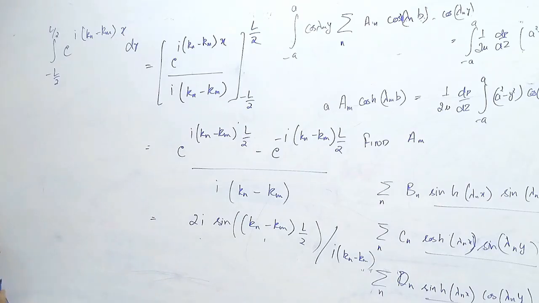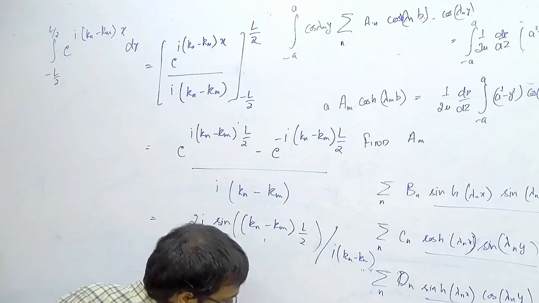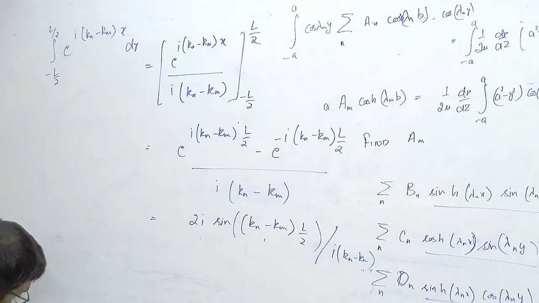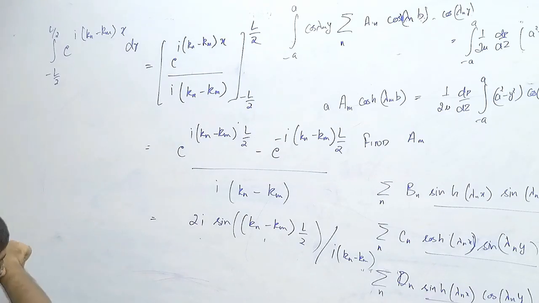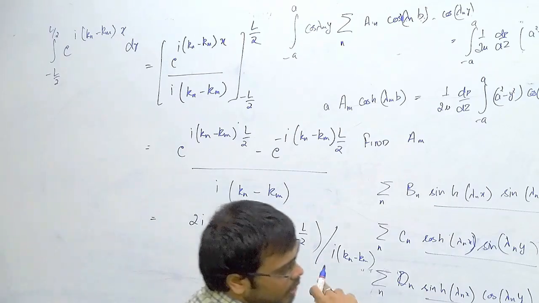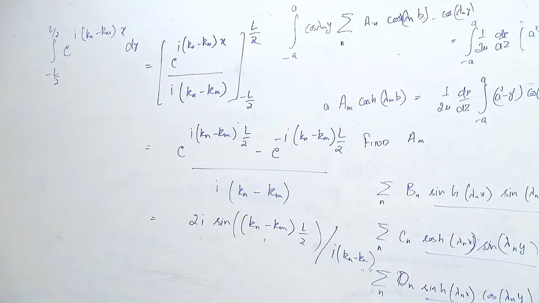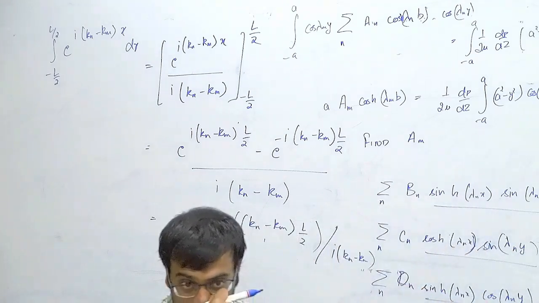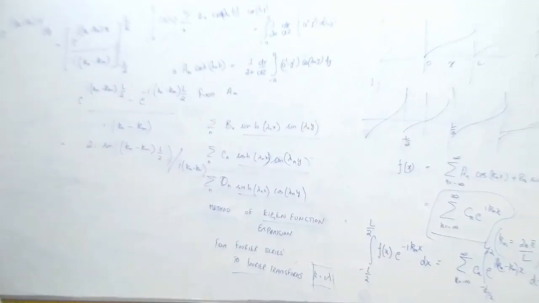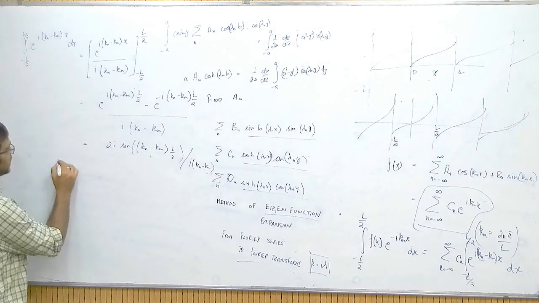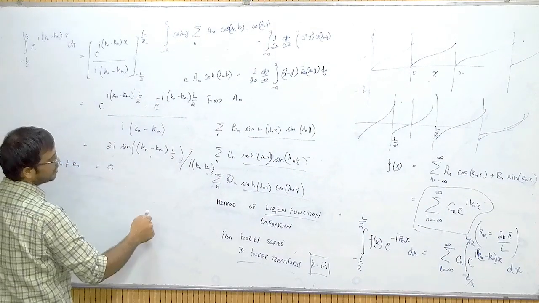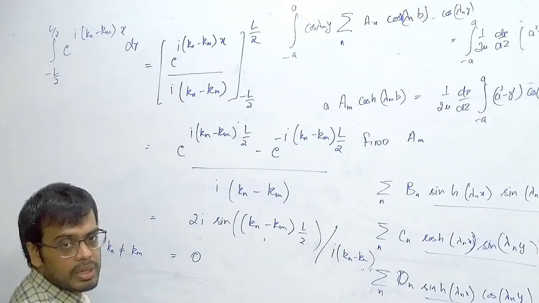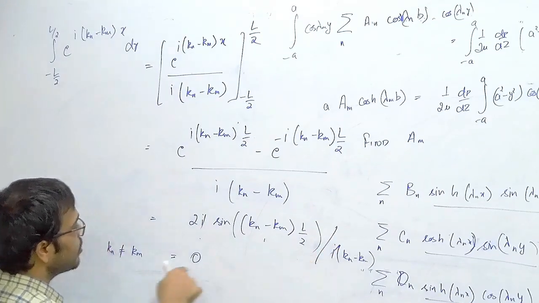So this expression we can evaluate when kn is not equal to km, and we can take a limit when kn is equal to km. When kn is not equal to km, what is kn minus km times L by 2? Some integer times pi, right? So the numerator is 0 and the denominator is something finite, so this is 0.